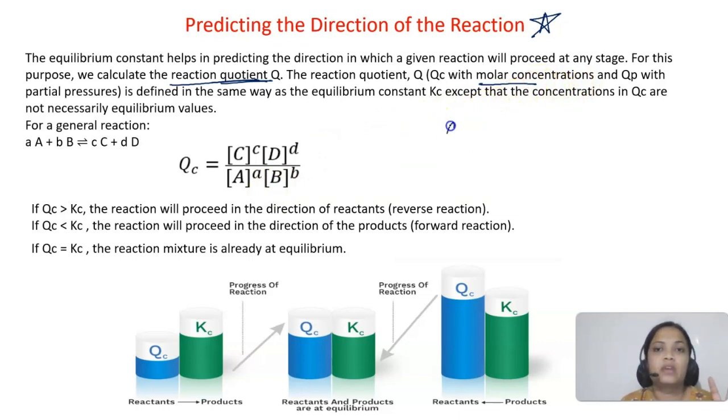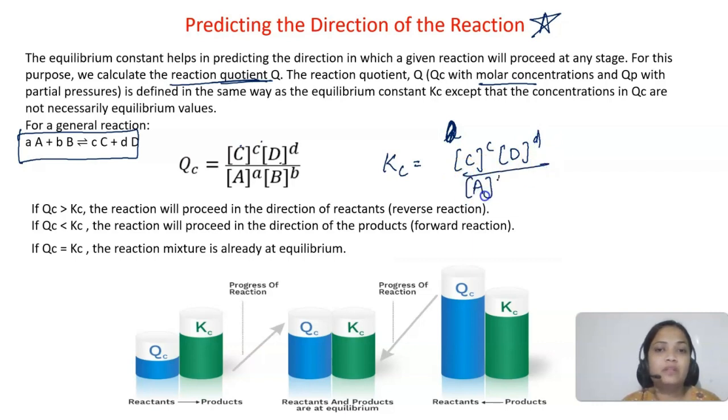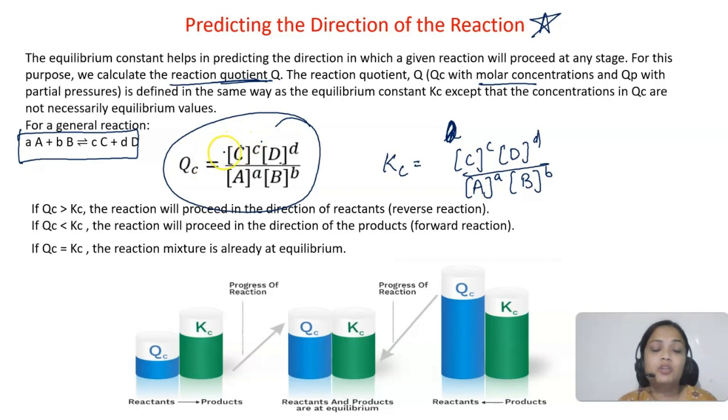It is same. You can see here for this reaction, the Qc value is C raised to power c, D raised to power d, and like this. Now you will say ki ma'am, this Kc is also same. If I want to write Kc for this reaction, then Kc will also be same, right? Then what is the difference between the reaction quotient and equilibrium constant? The difference is that these concentrations that we are taking in Qc, they are not equilibrium value.